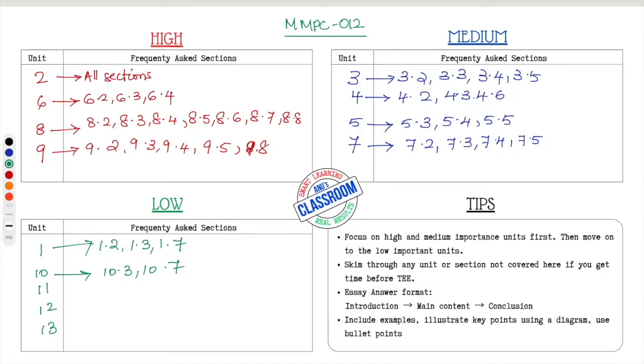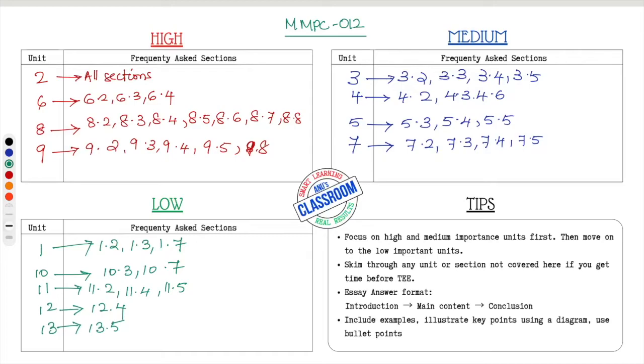From Unit 11, corporate governance, at least focus on 11.2, 11.4 and 11.5. From Unit 12, which is control, at least focus on 12.4. And Unit 13, which is evaluation, at least focus on 13.5.